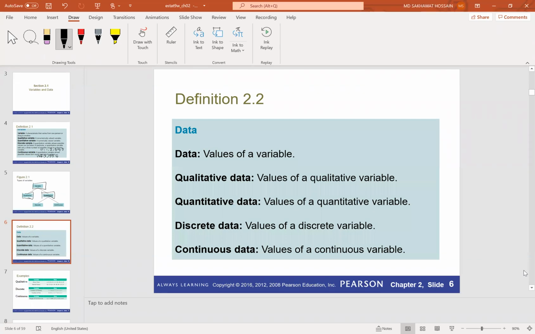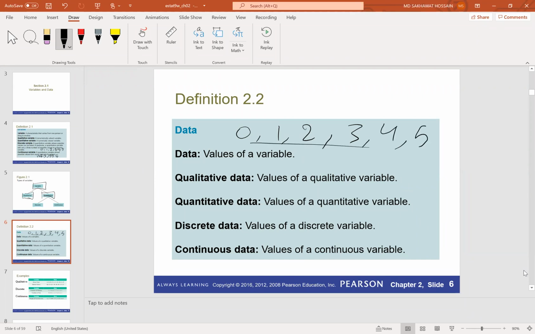Okay, so now we'll define data. What is data? Data is the values of a variable. For example, if we consider the number of children in a family as our variable, then the values could be 0, 1, 2, 3, 4, 5.